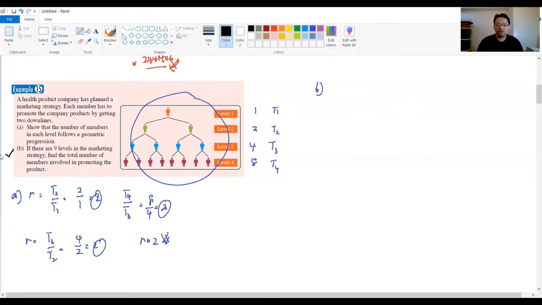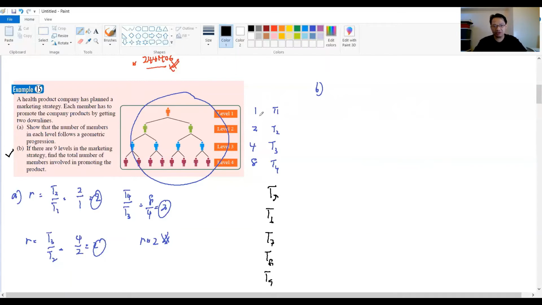So can we do this question traditionally to find the sum of people? Yes. If you want to do it traditionally, that means T1, T2, T3, T4, you need to find T5, T6, T7, T8, and T9.